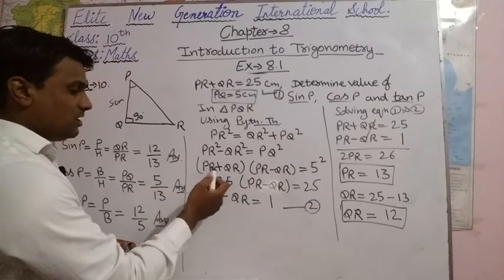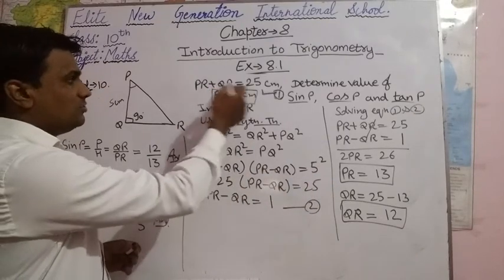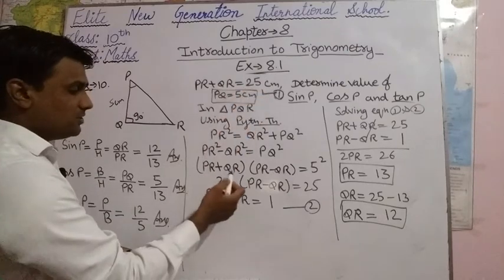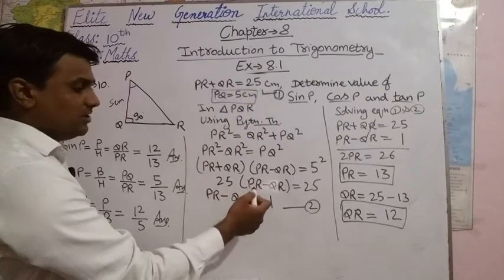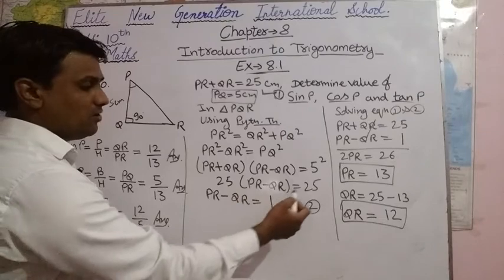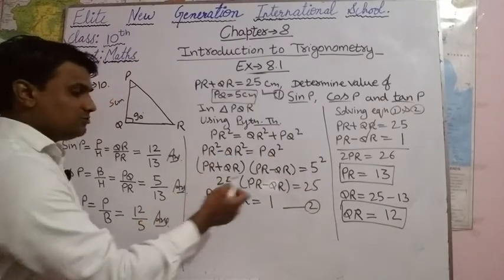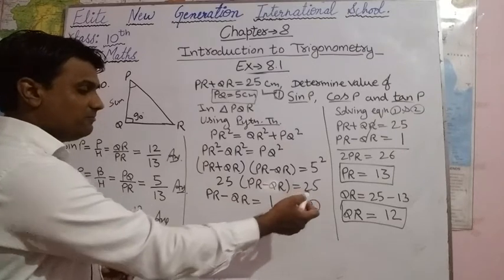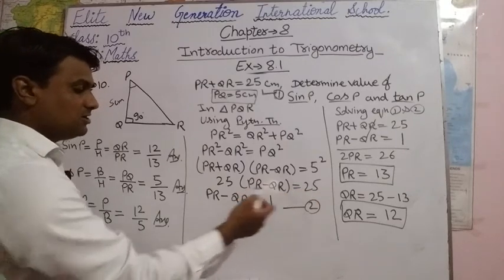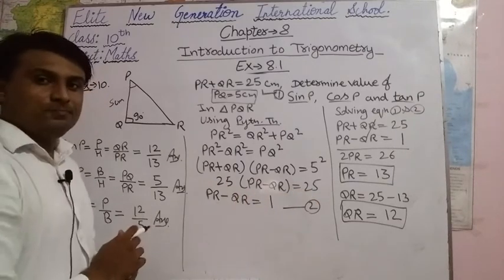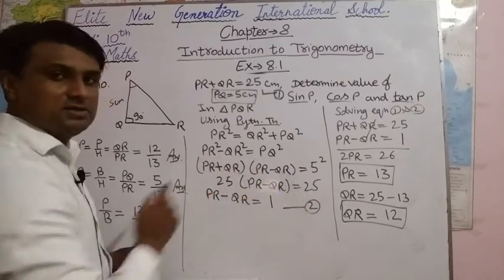So here PR plus QR, its value is equal to 25. So PR plus QR will be 25, and PR minus QR equal to 5 square will be 25. Now by dividing this 25 by this 25, it will become 1. So we can say PR minus QR will be equal to 1. Now this will be equation number 2.